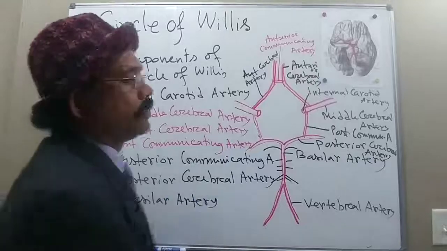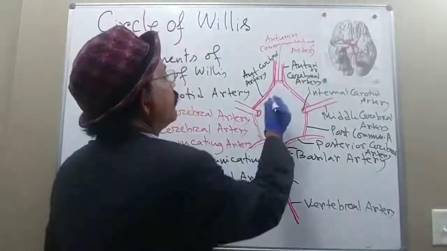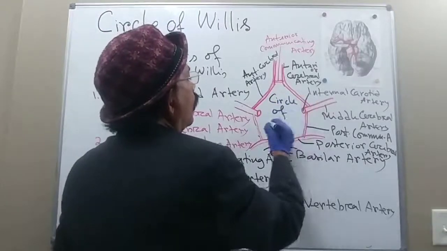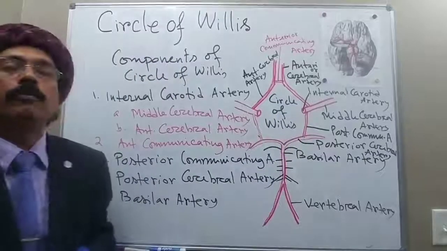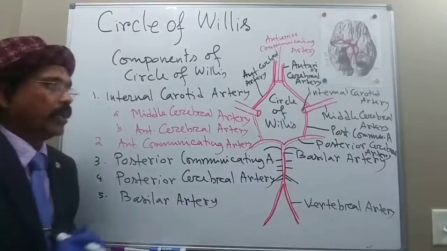So we got the circle of Willis, also called circulus arteriosus, at the base of the brain.